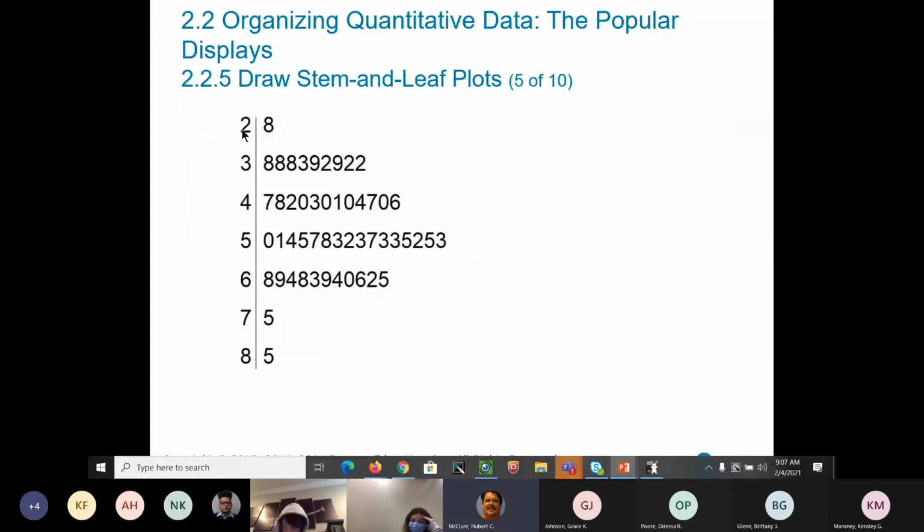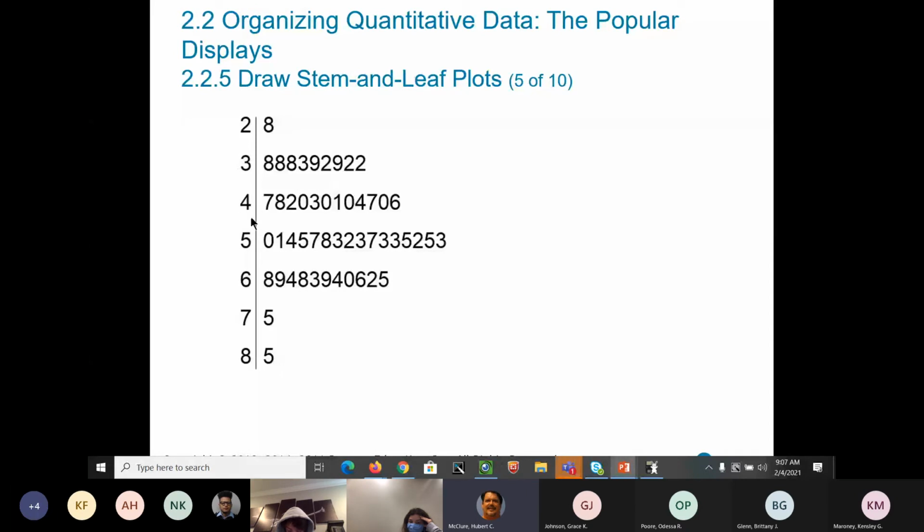So my lowest value is 20. My highest value is 80. And there's a 28 in my data. There's a 38, a 38, a 38, a 33, a 39, a 32, a 39, a 32, and a 32.